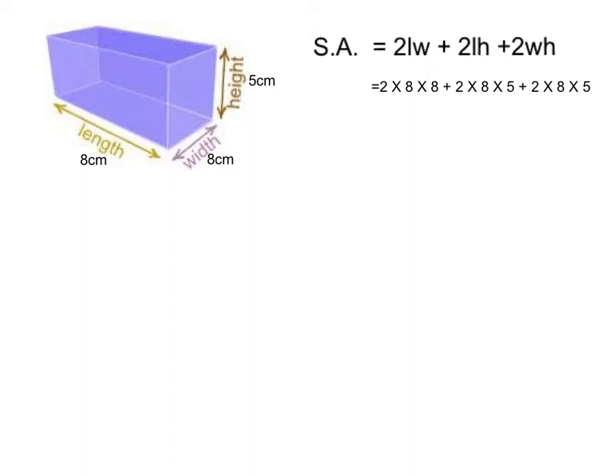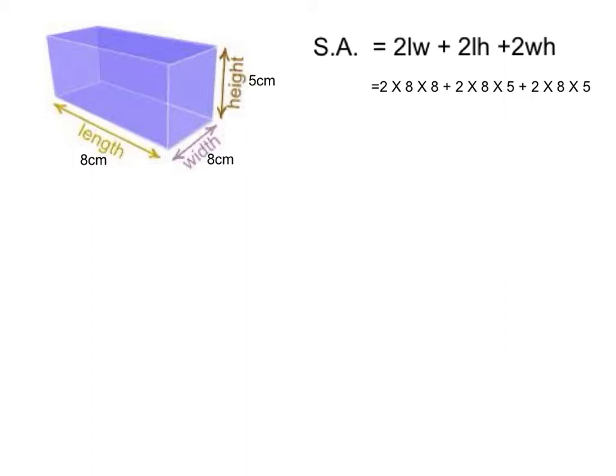So I substituted my values in here. 2 times length times width is going to give me 2 times 8 times 8. 2 times length times height is 2 times 8 times 5. And then 2 times the width times the height is 2 times 8 times 5 once again.